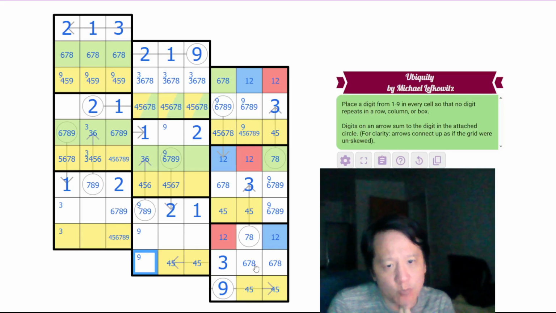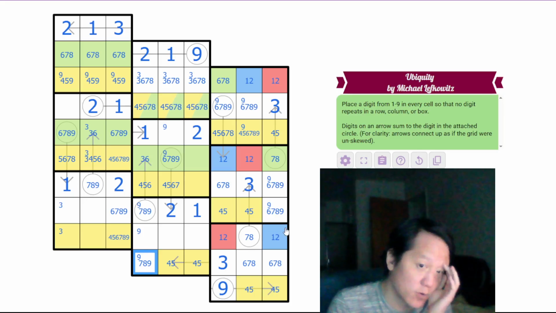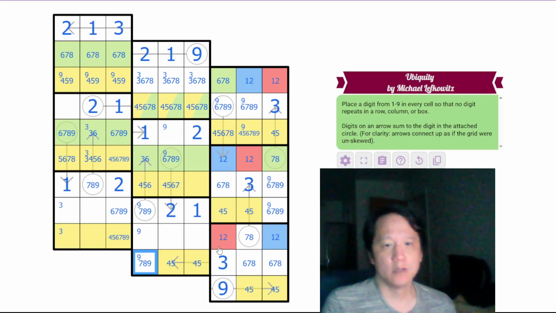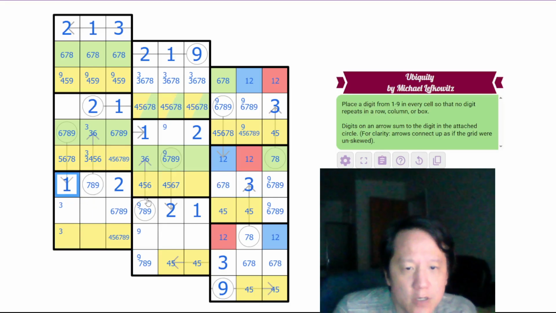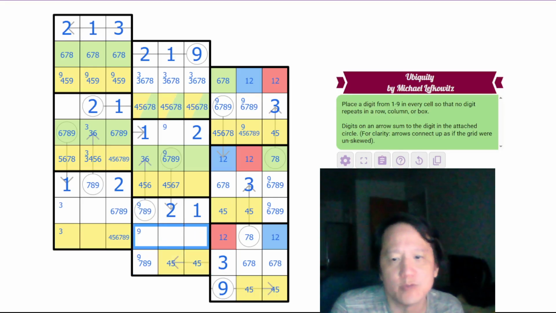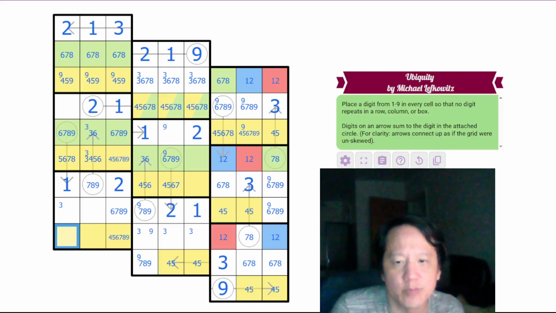6, this can't be 1, 2, 3, 4, 5, 6. So this has to be 7, 8, or 9 here. We have 3 here, 3 here, which means where's 3 in box 8? It must be one of these 3 digits, which means this can't be 3. Where's 3 in box 7?